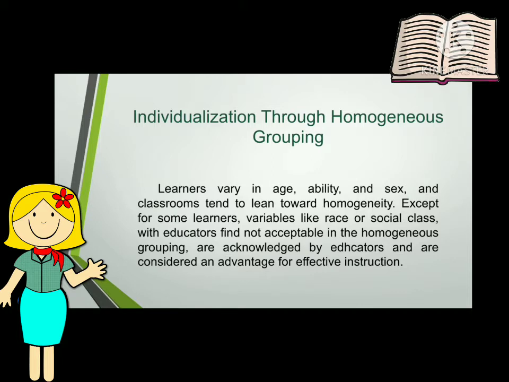So for instance, in a system called ability grouping, learners are grouped according to intellectual ability. So this has worked well in the matter of providing adequate preparation for college.